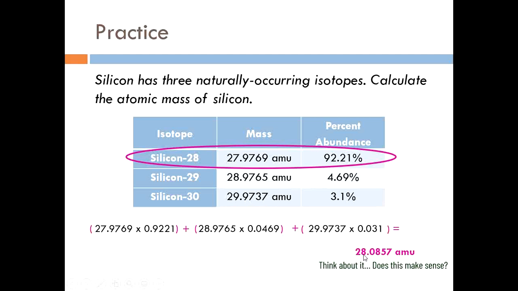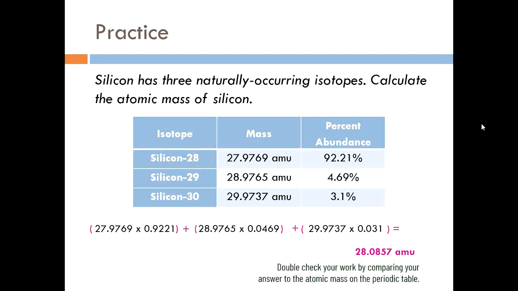It does make sense because 92% is silicon 28, okay? So again, when we're looking at the periodic table, we're just looking at the average of silicon, right? We don't want to write all the silicon isotopes on our periodic table. What a mess that would be, okay?